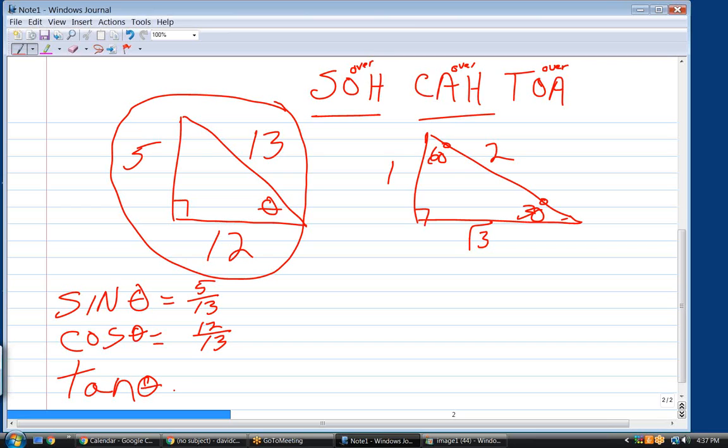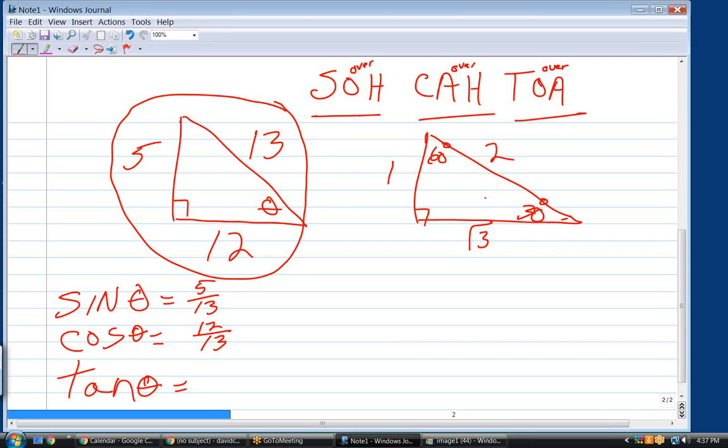And finally, the tangent of theta is the opposite over the adjacent. So what would the tangent of theta be with this triangle on the left? The 1 over 2? No, the one on the left, not this triangle here, but this.